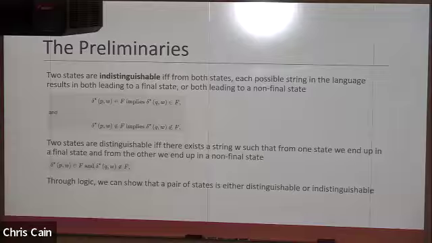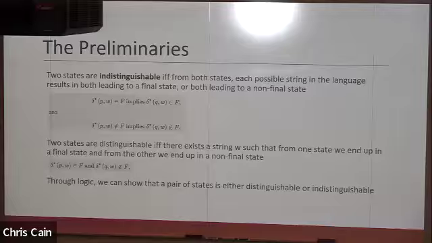Distinguishability, why? For distinguishability, if you can find one difference, they're distinguishable. Yeah, you're looking for an example or a counterexample, depending on how you're looking at it. And for indistinguishability, we have to show something for everything in an infinite set.